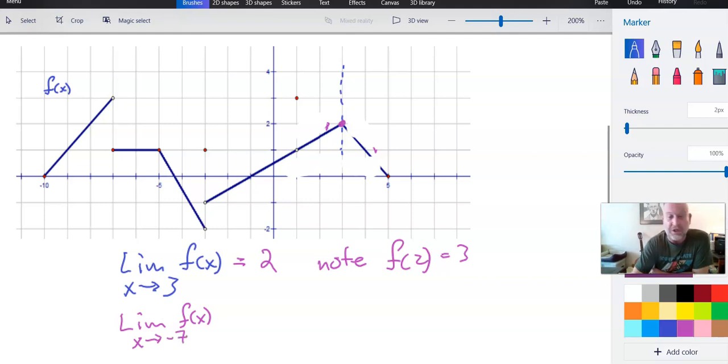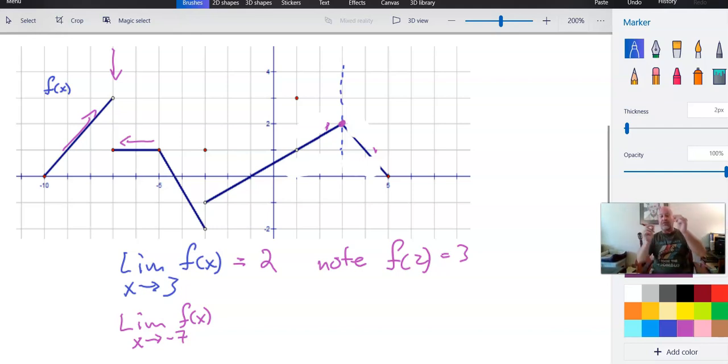Now, we have a big old jump in here, don't we? Right? If I look at this straight down on this x value, these two sides, if I approach -7 from the left, I'm approaching a value of 3. If I approach it from the right, though, on this side, I get a value of 1.